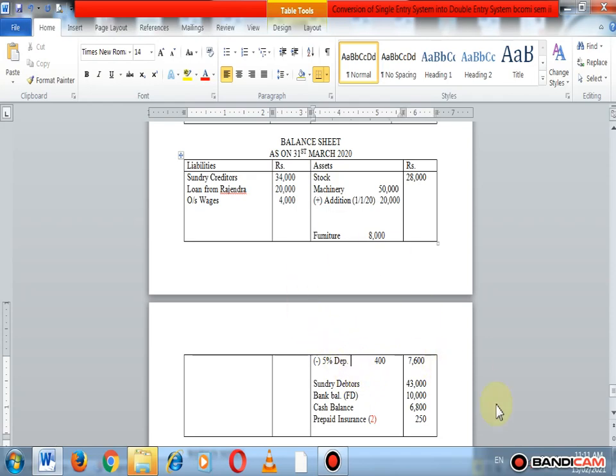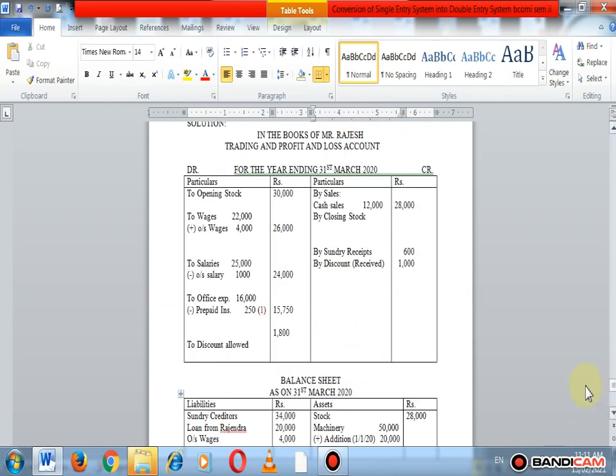Second effect, on the debit side of profit and loss account, to depreciation on furniture. Here we write down the amount in the inner column or outer column.